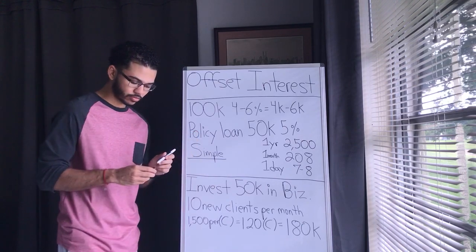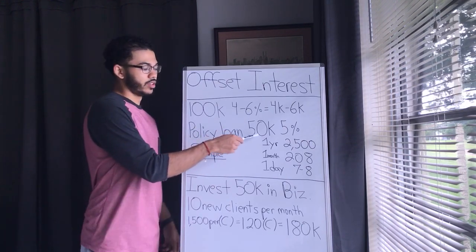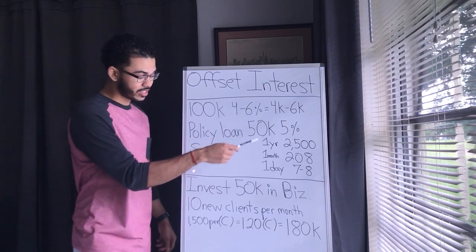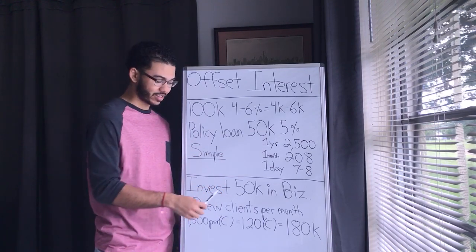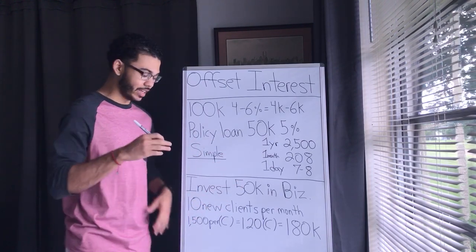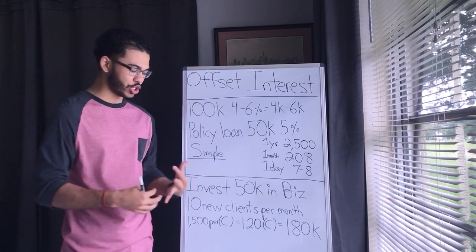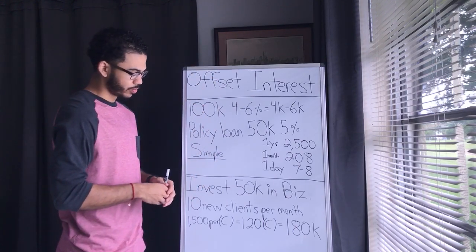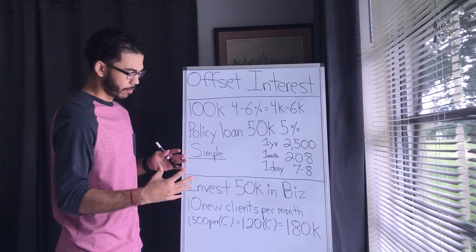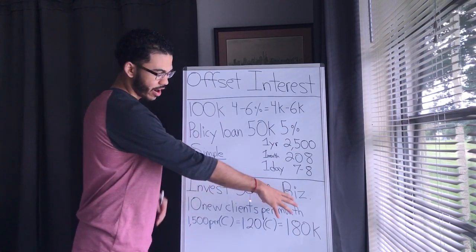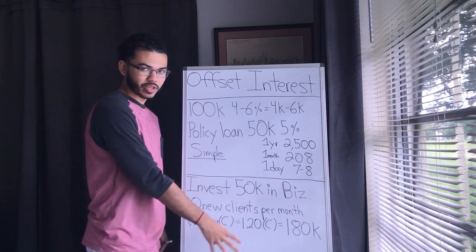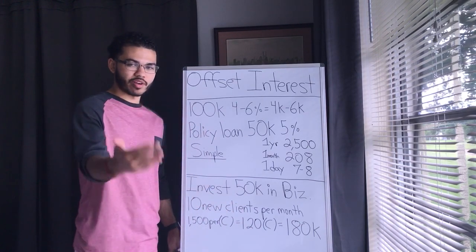Now, let's say they took that 50 grand. They decided to invest in their business, in what they know. They are a practitioner. So let's just say they invested 50 grand in their business to produce more revenue.